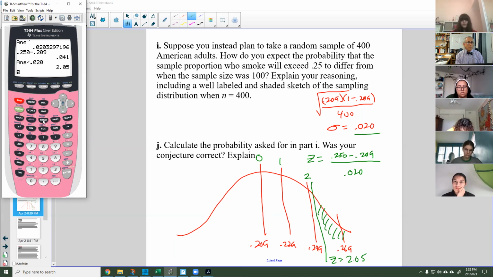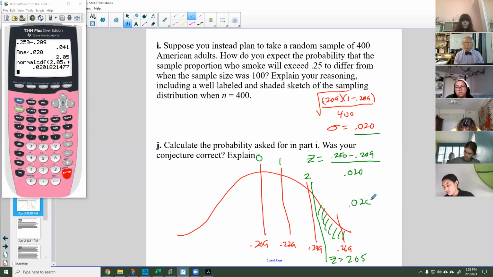Second distribution, normal CDF, 2.05, comma, 99. Well, this area here now is 0.0201. This is a little bit better than a 2% chance of getting 25% smokers.